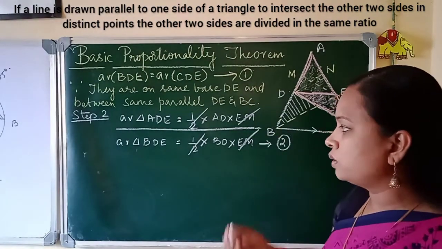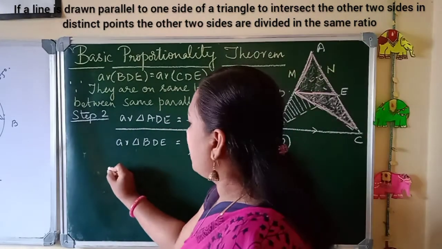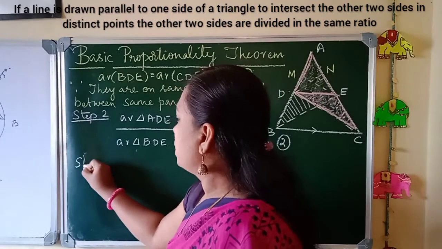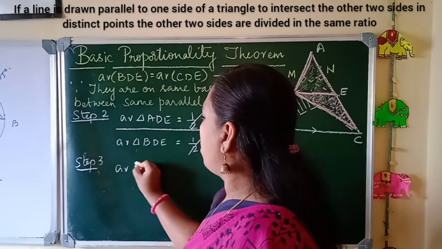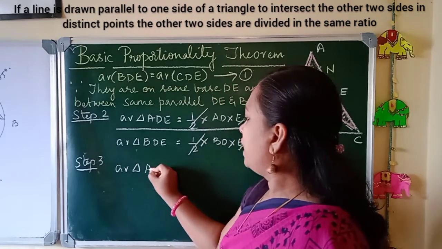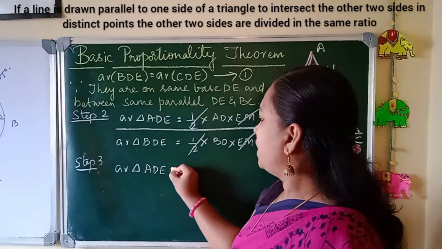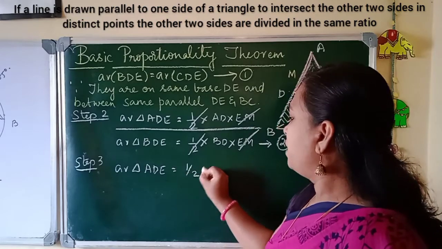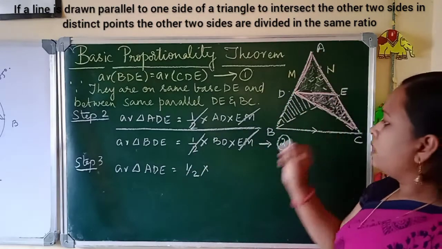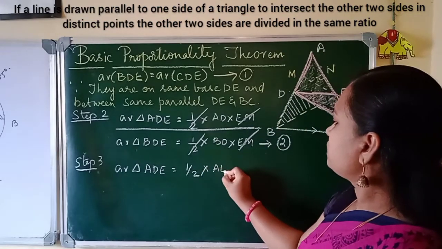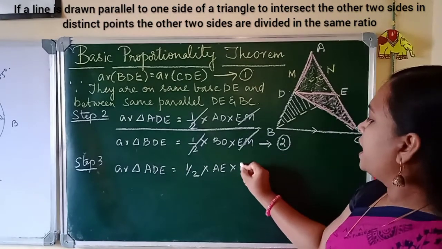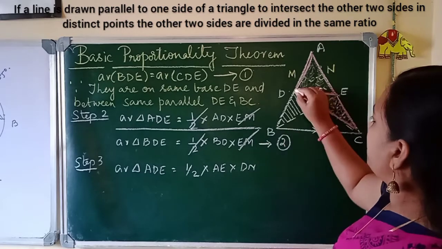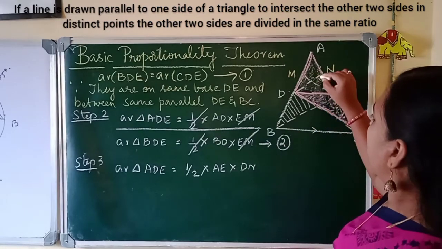So we will write down those areas now. This is step 3. Area of triangle ADE will be equal to half into AE into DN. Now DN will be the height for it.